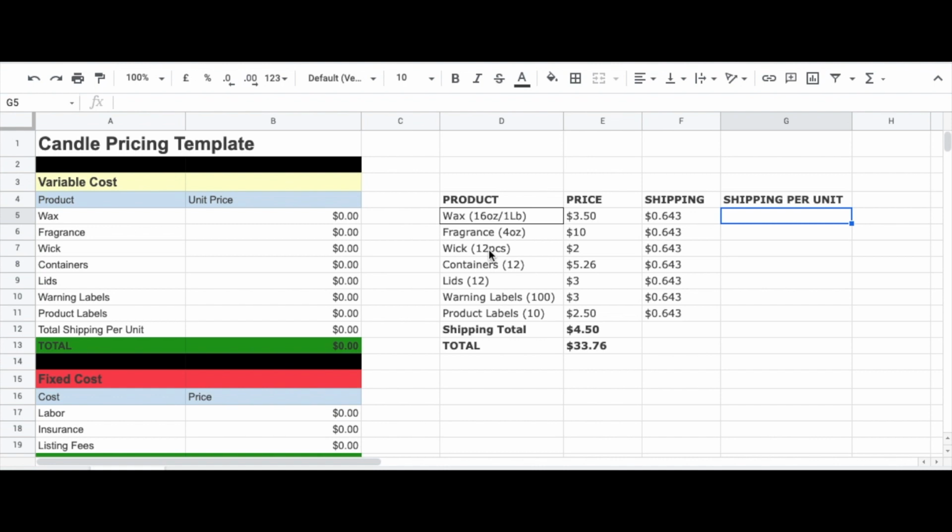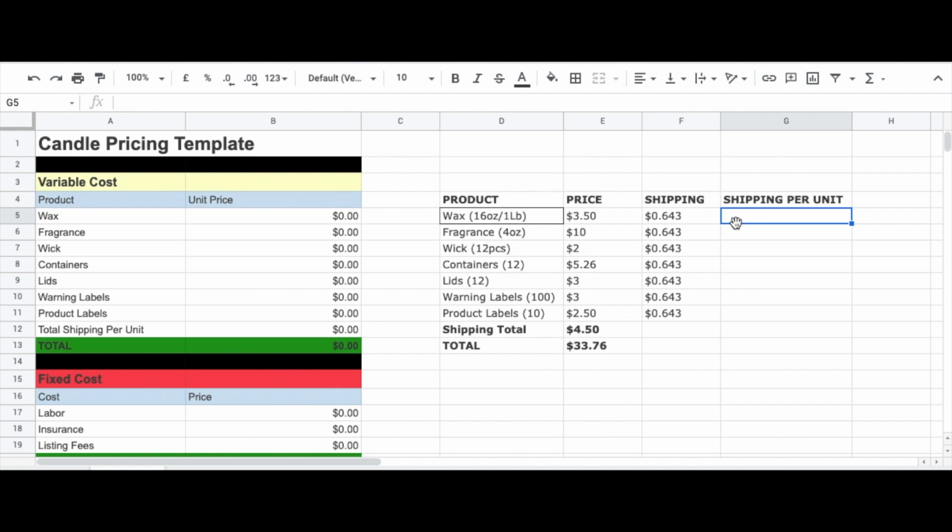So when we're selling 1 candle, we know exactly how much it costs to make that 1 candle. Because if you don't know how much it costs to make your candle, how are you going to decide on a selling price? Exactly. So let's find our shipping per item.